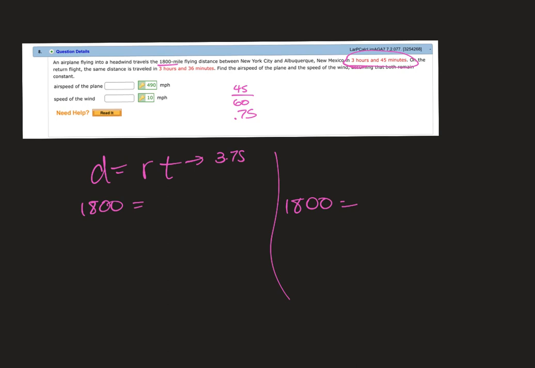I do 45 divided by 60 to get the decimal part there. I'm trying to convert minutes into hours, right? So 45 minutes is 0.75 hours. I'm going to do the same thing for 3 hours and 36 minutes. If I did 36 divided by 60, it's 0.6. So that time is 3.6.